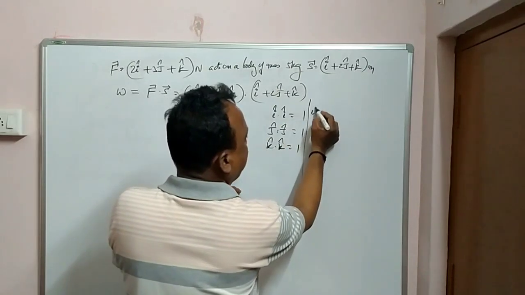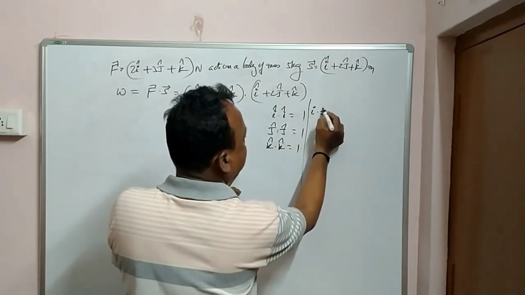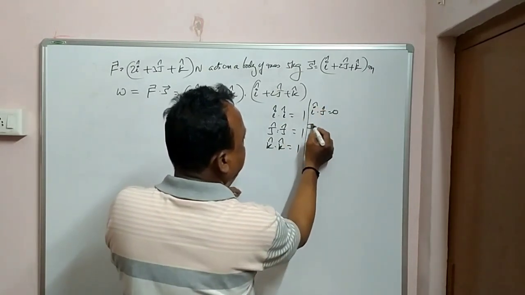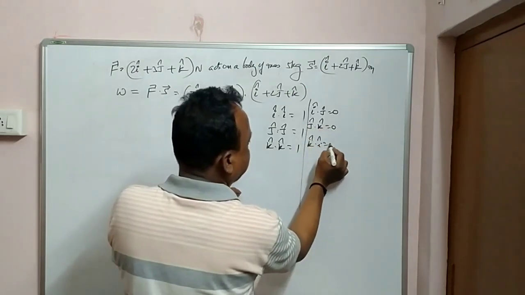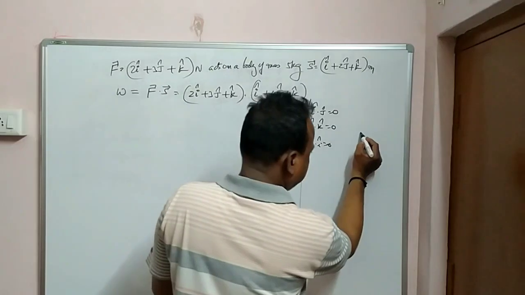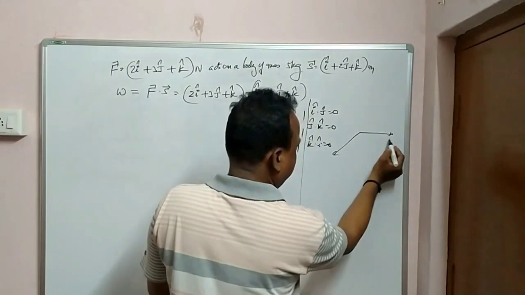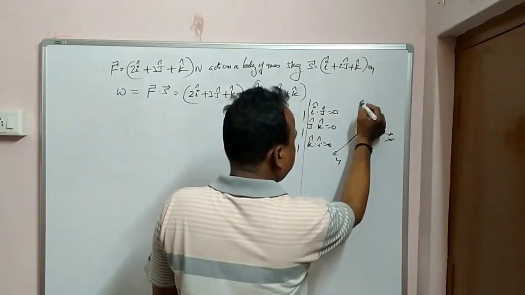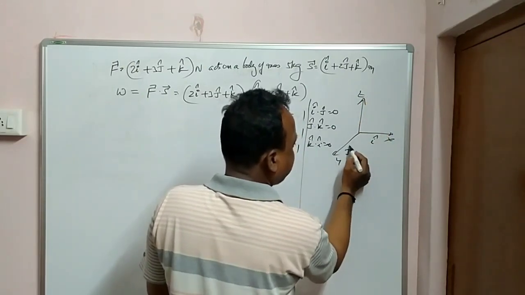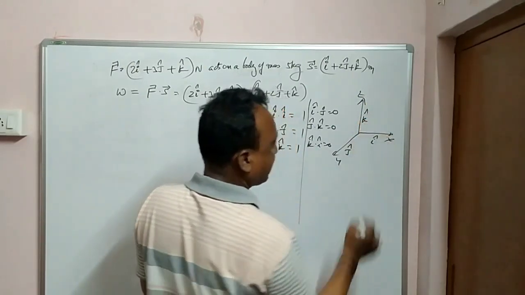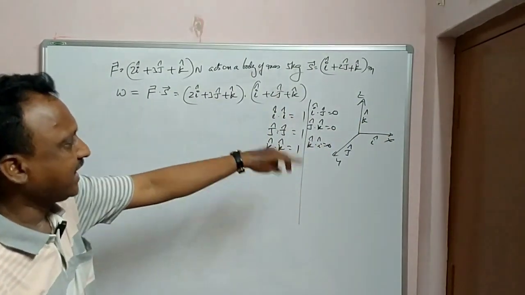And if you go like this, i dot j, again 0. j dot k, 0. k dot i, 0. For example, these are the axes, X, Y and Z. Along the x-axis we know i vector, y-axis j vector, z-axis k vector. These are the unit vectors along X, Y, Z.